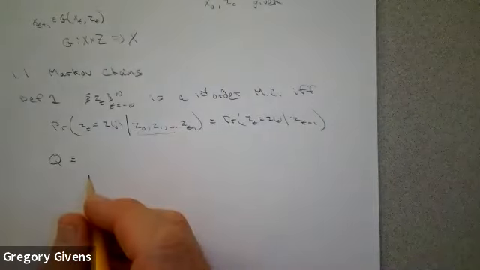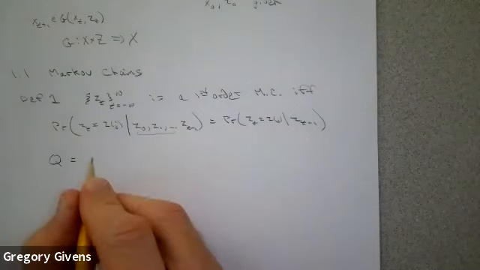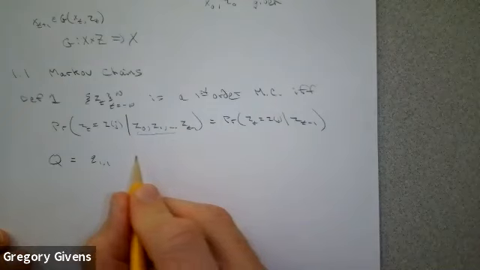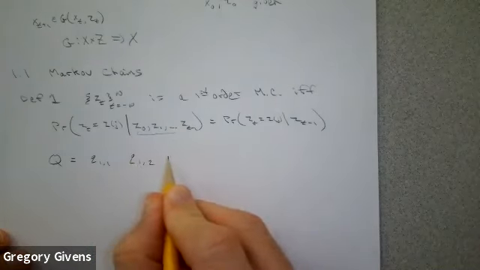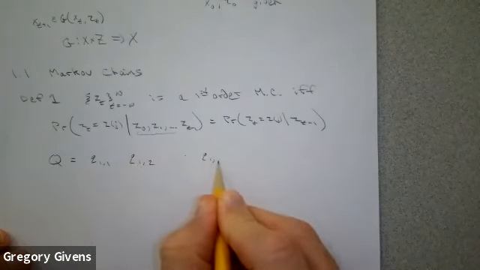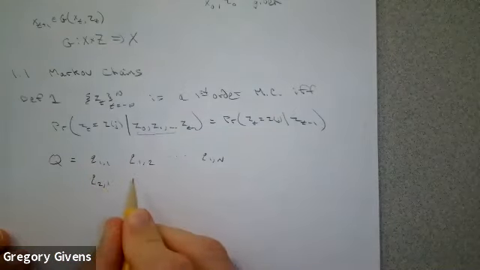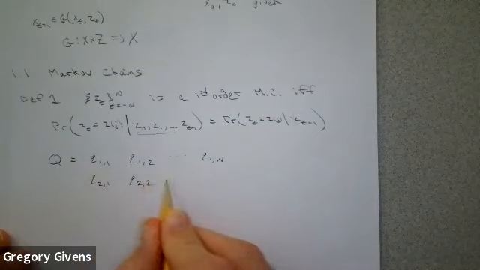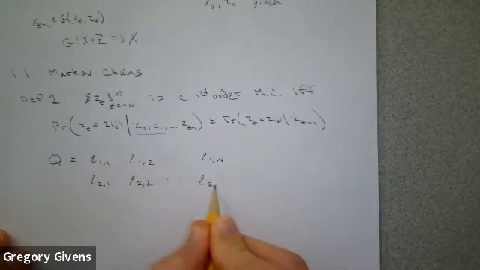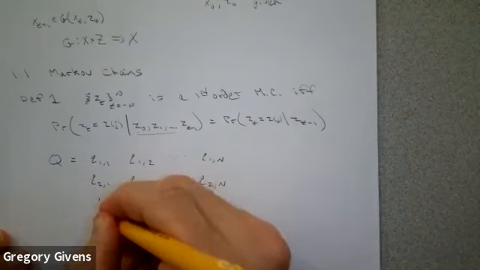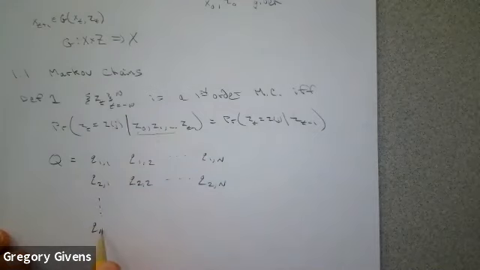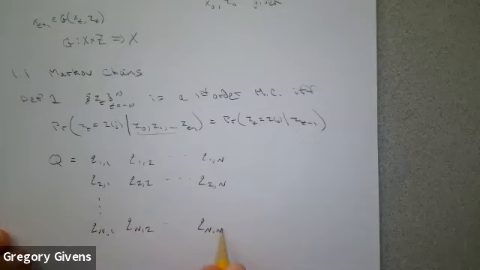So for instance, let's say that the transition matrix has the following general form: Q_11, Q_12, all the way to Q_1N, Q_21, Q_22, all the way to Q_2N, and so on down to Q_N1, Q_N2, all the way to Q_NN.